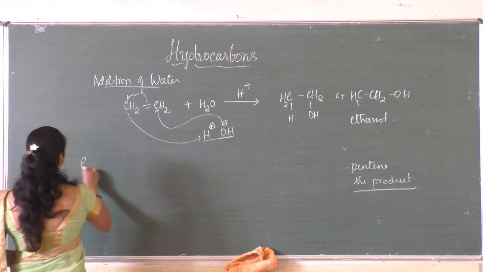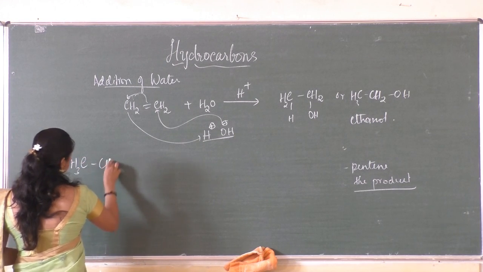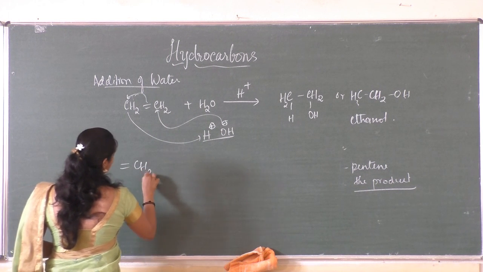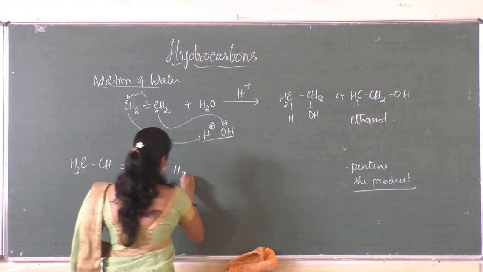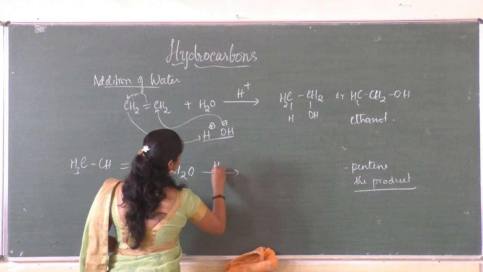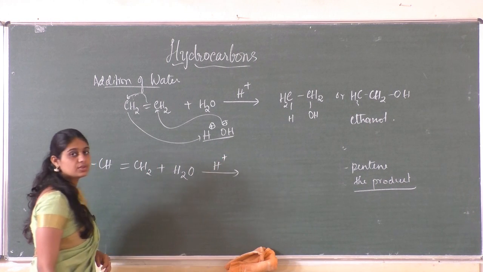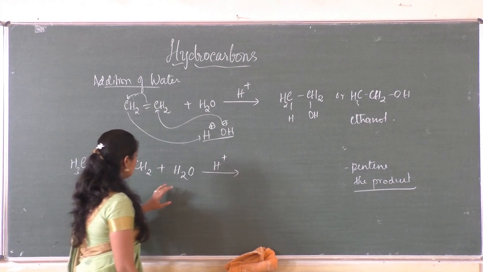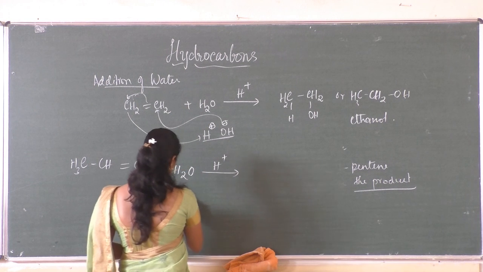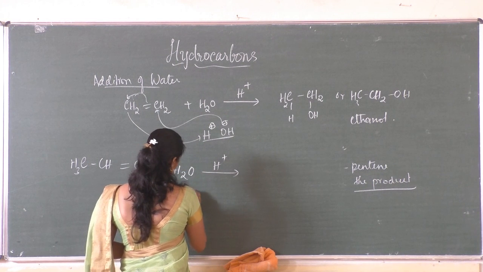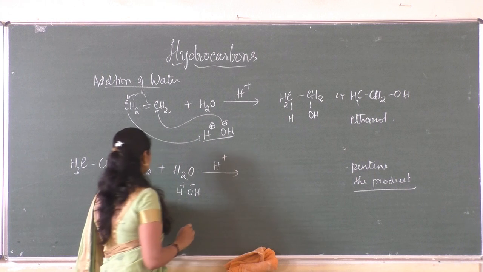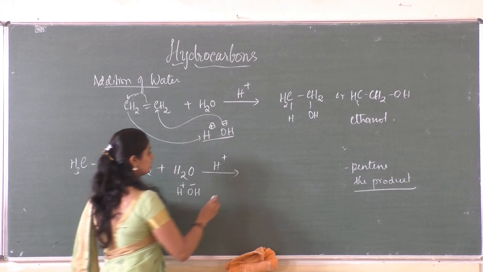If we consider propene, an unsymmetrical one, CH3CH=CH2 reacting with water in the presence of acid. So you must write H plus, or else you can write it as H plus and OH minus, so that it becomes easy to attach the negative part.